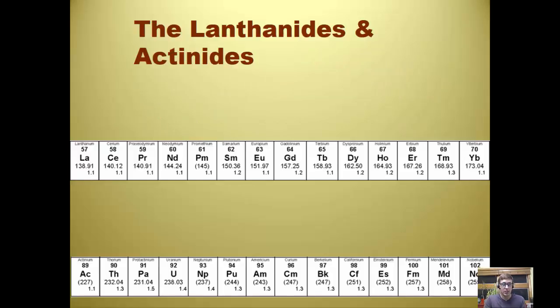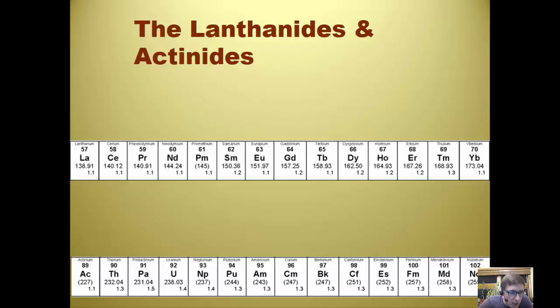Into the inner transition metals, the lanthanides and the actinides. I will say these. There is lanthanum, cerium, praseodymium, neodymium, promethium, samarium, europium, gadolinium, terbium, dysprosium, holmium, erbium, thulium, ytterbium. Those are the lanthanides.